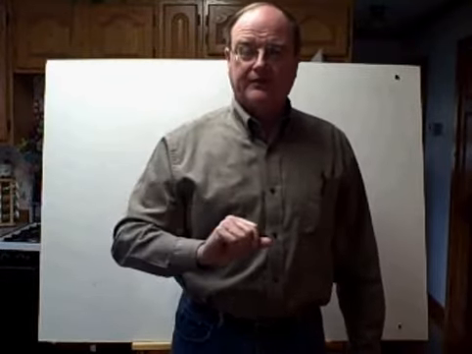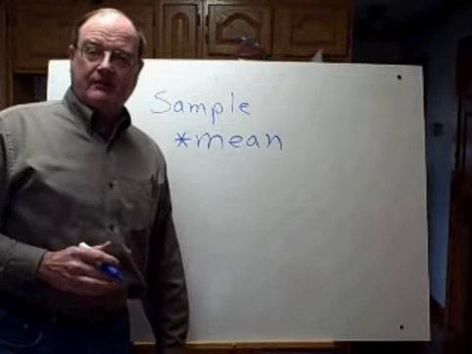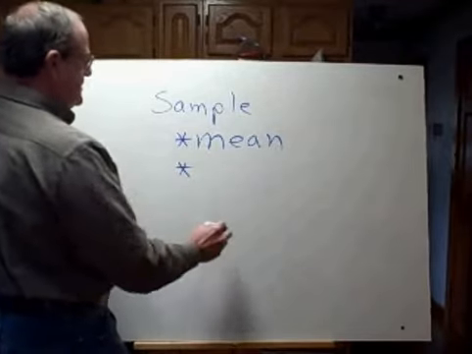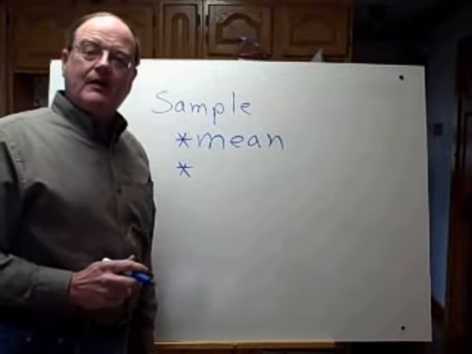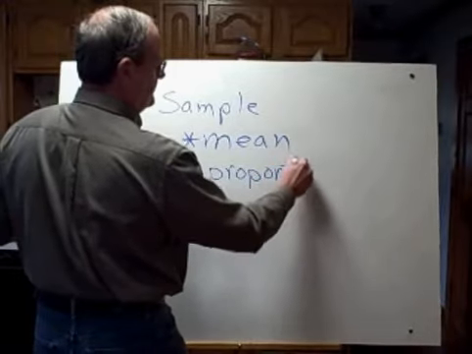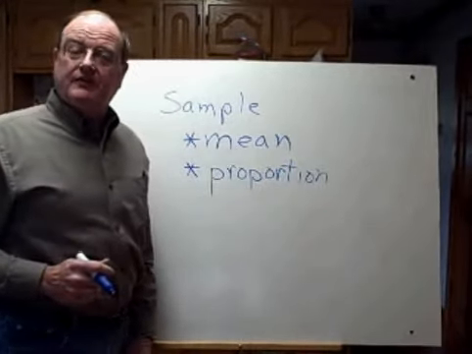Whatever we get for the sample mean, you can expect to be a good indicator for the mean of the entire population, whatever it is you measured and calculated the mean for. If you do a survey and come up with a proportion or a percent, you can expect that proportion of the sample also to be a good indicator of the proportion of the entire population.